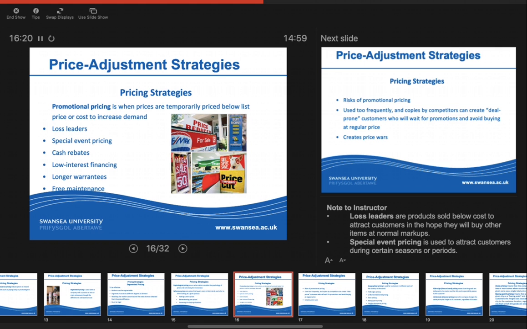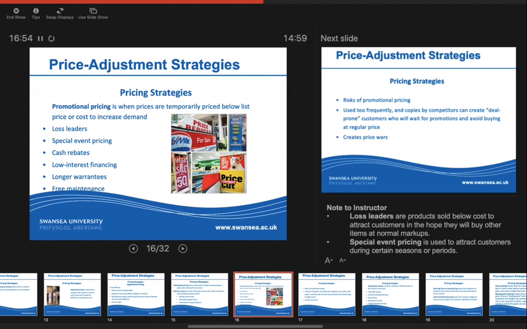So for instance, you buy something because you think it's a good deal, and then you will see something next door which is more expensive, but you think because you've made a saving on the product that is loss leading, then you've got enough cash or enough funds to buy something that may be a desirable, not a need for you. Special event pricing around things such as Christmas and Easter, New Year's sales, etc. These are all promotional elements.